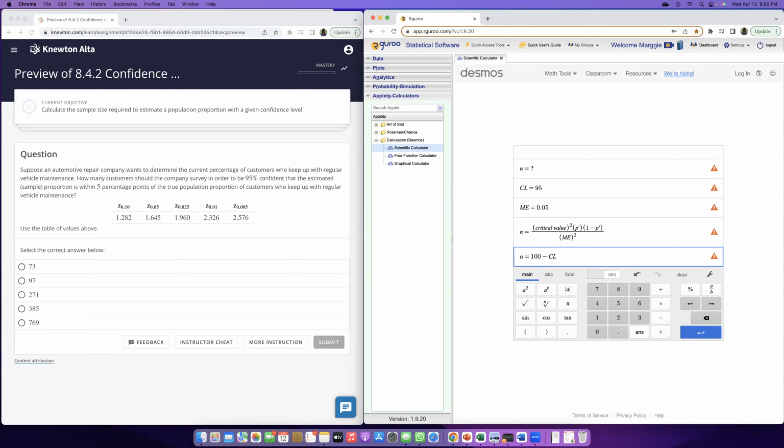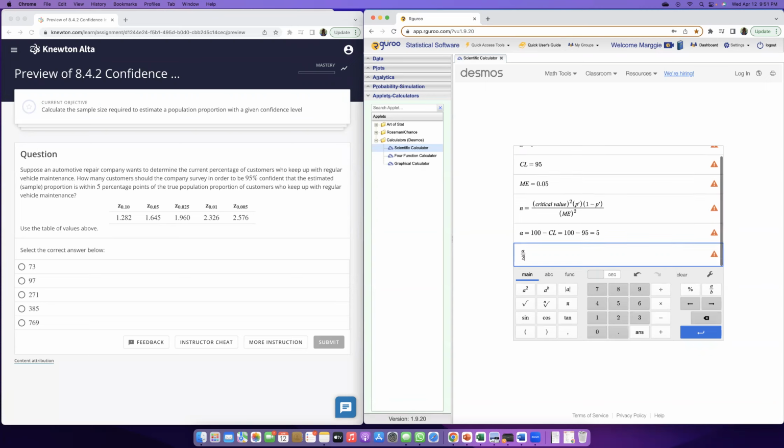So this will be 100 minus 95, which is 5, all right? So that's alpha. Now we need to find alpha over 2. So alpha over 2 is 5 over 2, which is 2.5.